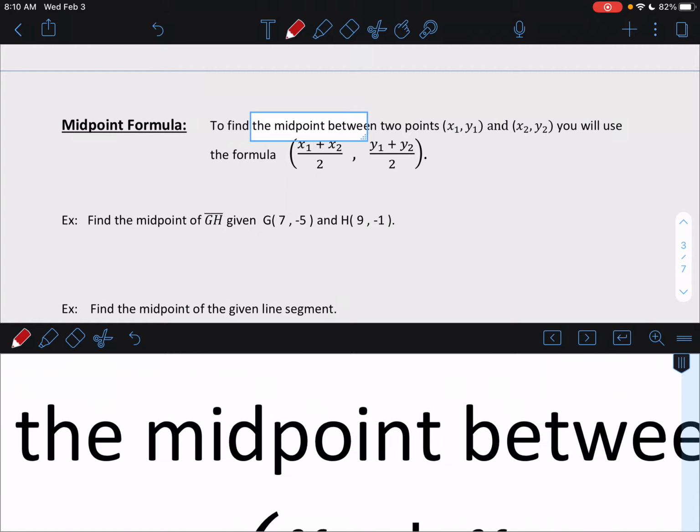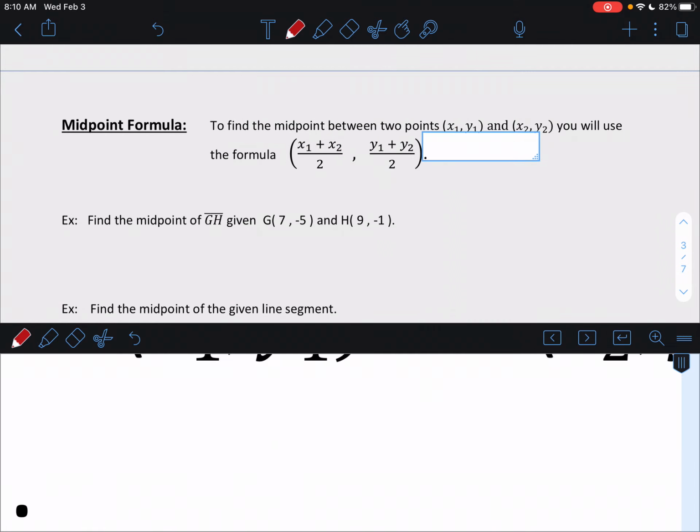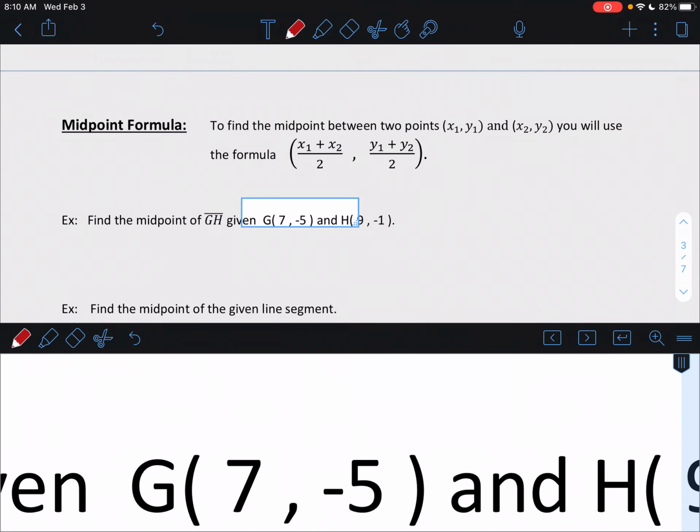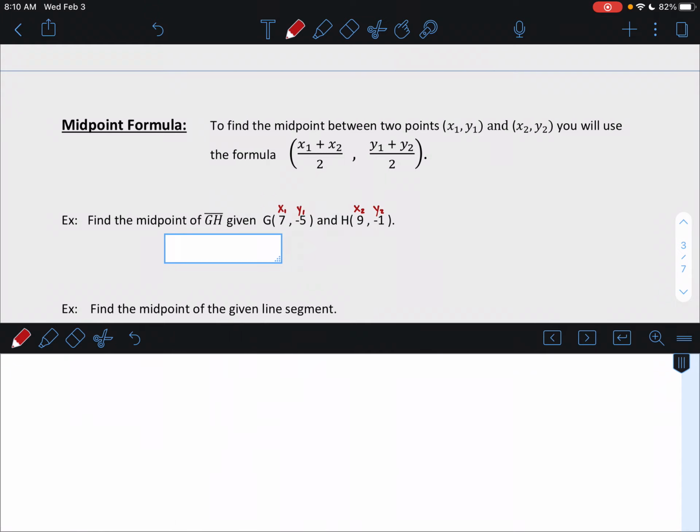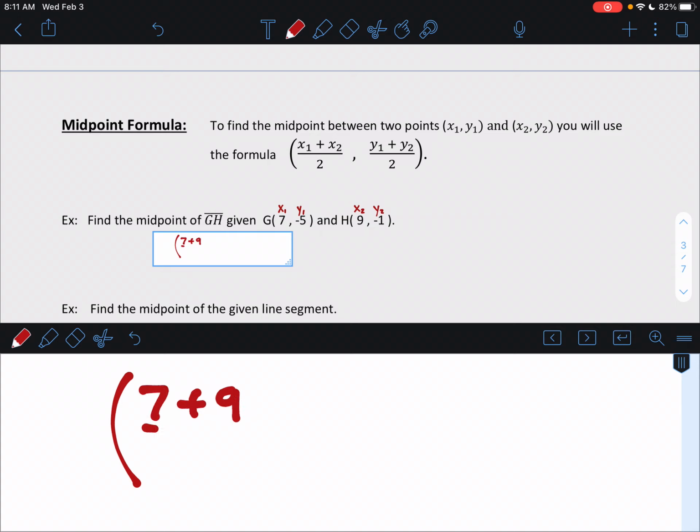So I'm given my 2 points, x1, y1, and x2, y2. That's going to be the G and the H. So here's my x1, y1, my x2, y2. To find the midpoint of G and H, that is going to be x1 plus x2, so 7 plus 9 over 2.